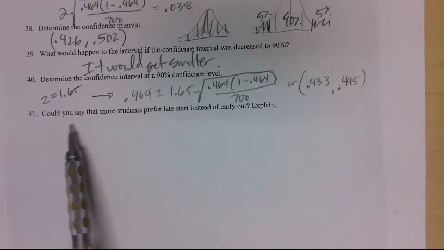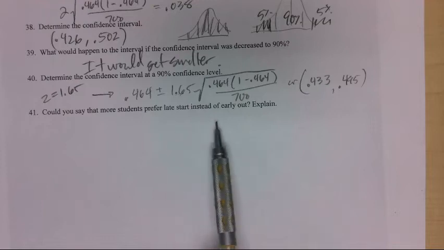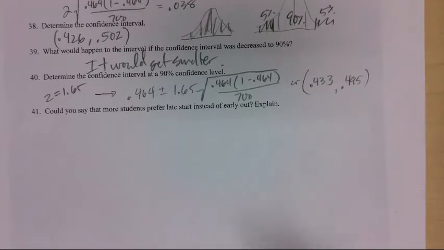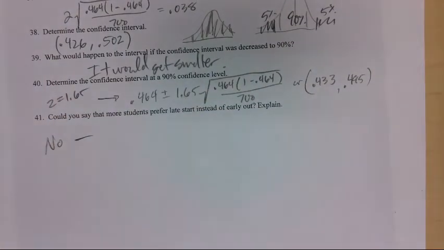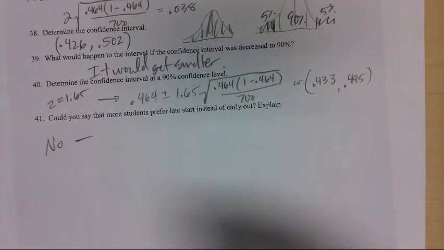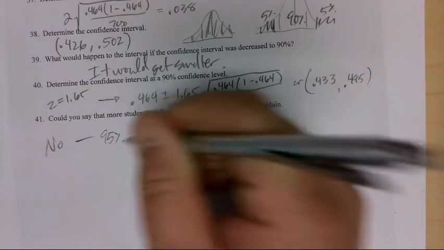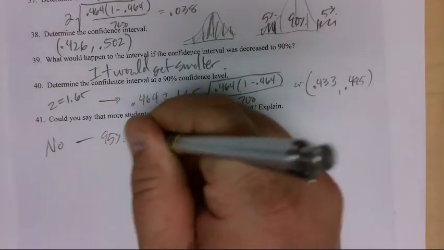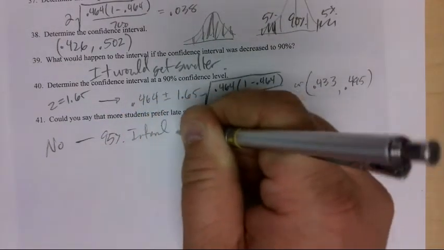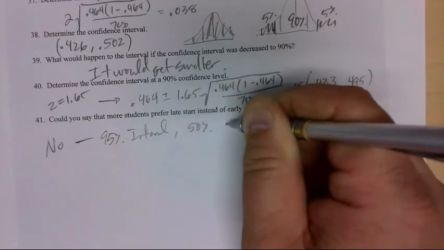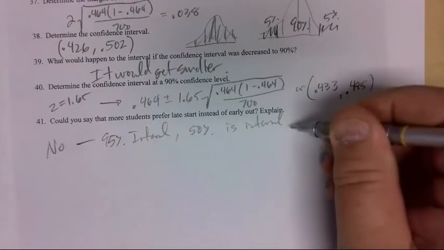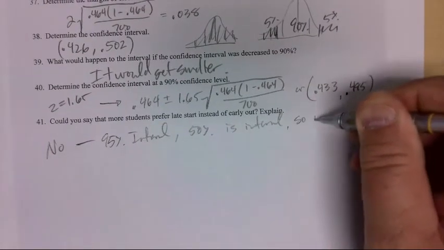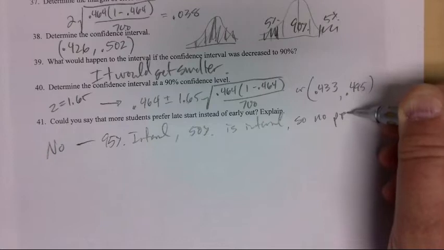Now, could I say that more students prefer a late start instead of early out? I would have to say no. At the 95% interval, 50% is in the interval, so I can't tell a preference there at all.